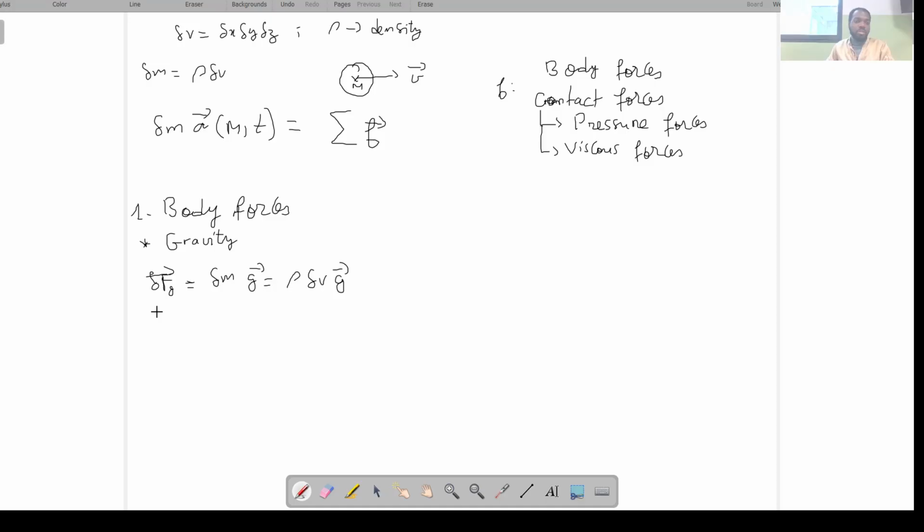At this point, we can write the gravitational force per unit volume as F sub G equals delta F sub G divided by the volume delta V, which equals rho times delta V times G over delta V, which is rho times G. The gravitational force per unit volume is rho times G.